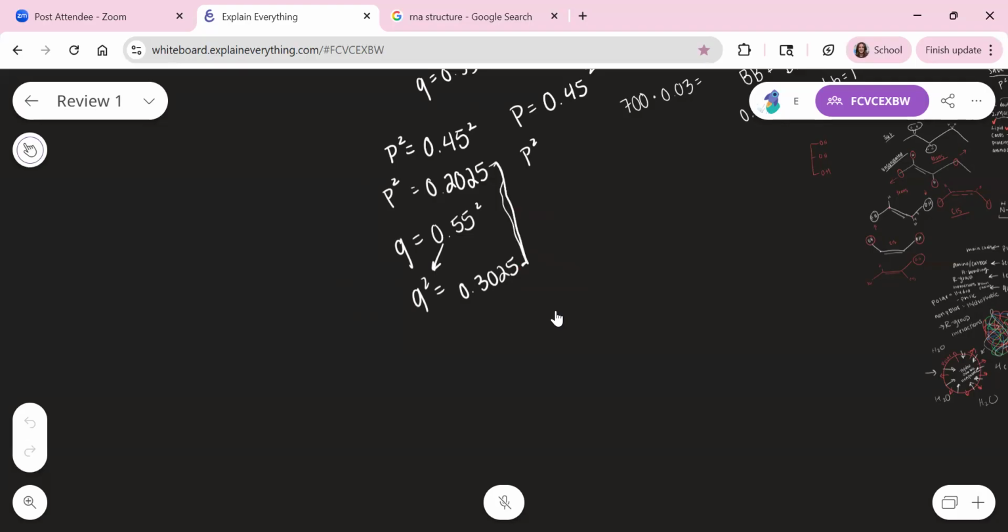Or now we have percentages. These are our percentages, and these were our frequencies. So that's one thing to note: frequency and percentages are different.